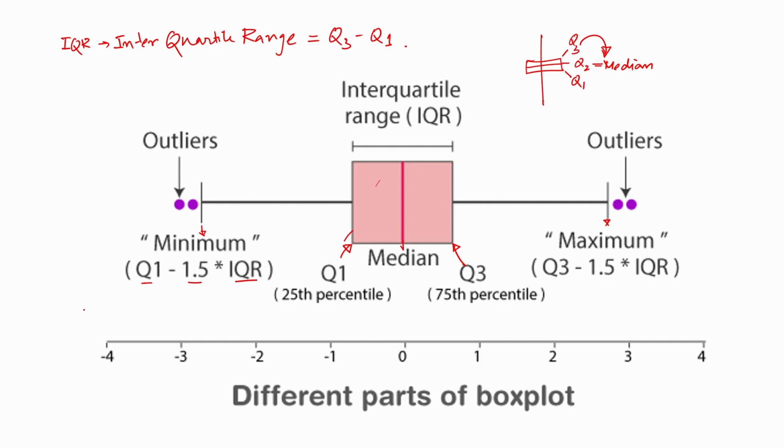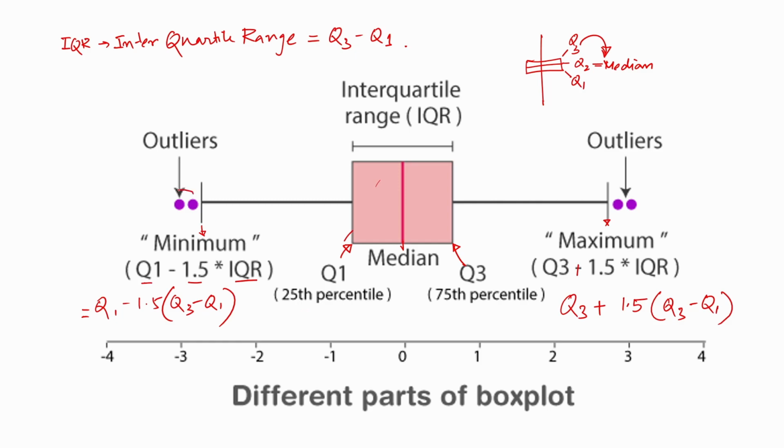So basically the lower end is Q1 minus 1.5 times (Q3 minus Q1), and the upper end is Q3 plus 1.5 times (Q3 minus Q1).